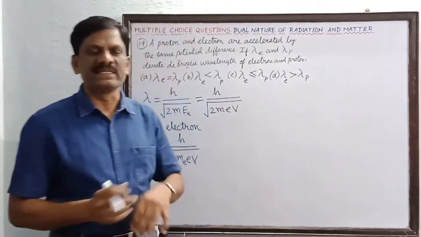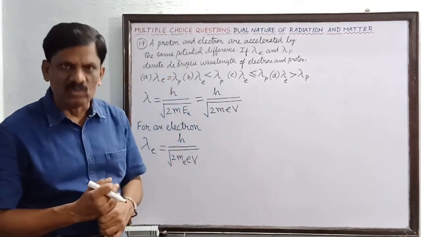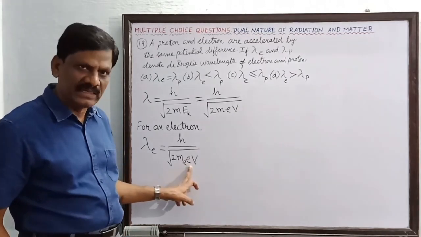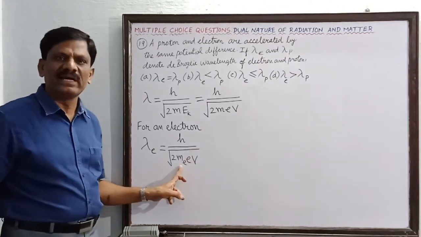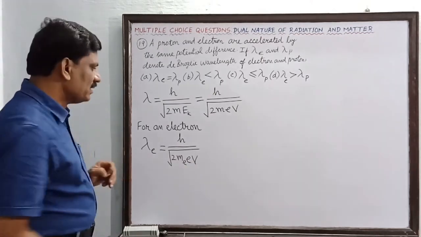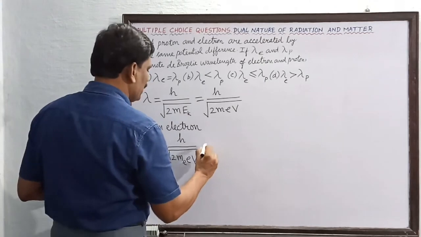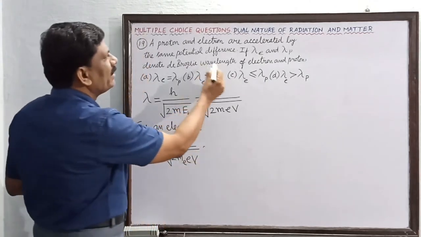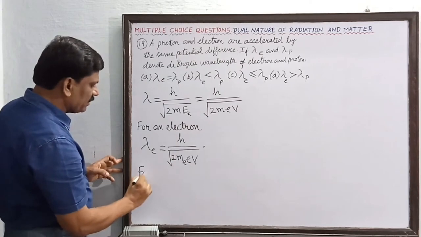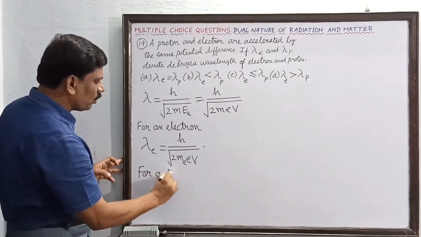Both are 1.6 into 10 power minus 19 coulomb. So I am writing only the mass me for the electron. Similarly, the next particle is the proton.